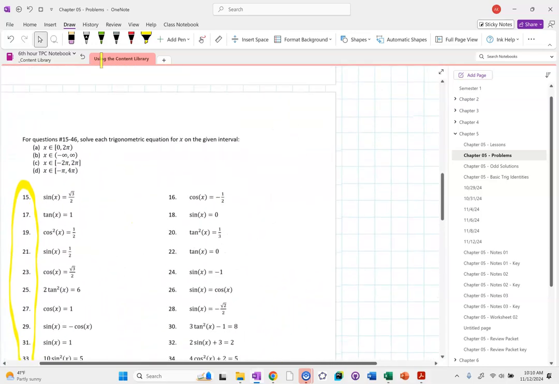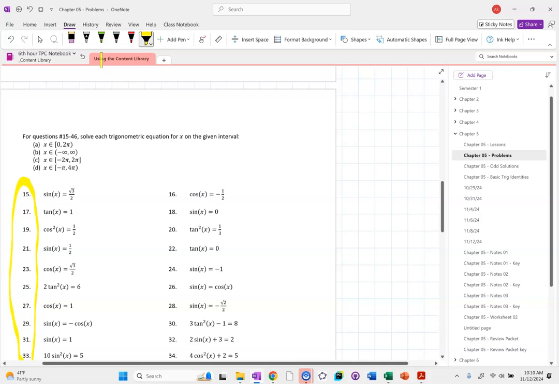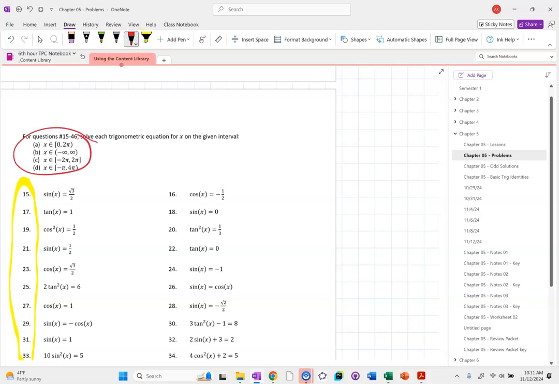Keep in mind, for each one of these, you're basically solving over 4 separate intervals, so you're going to have 4 sets of answers. I tried to write them in an order that would be helpful, right, where you're looking for the stuff between 0 and 2 pi.